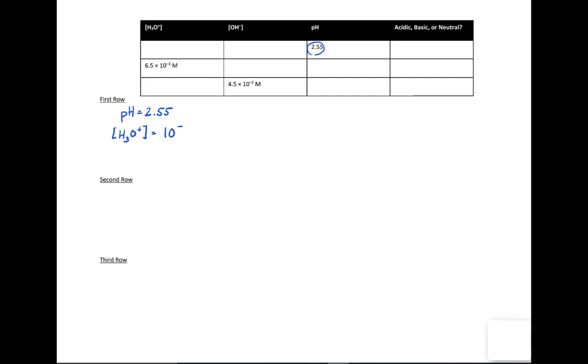To find the hydronium ion concentration, we just take the antilog of the pH, 10 to the negative 2.55. Entering this in our calculator will give us the correct answer. The hydronium ion concentration is 2.82 times 10 to the minus 3 molar.